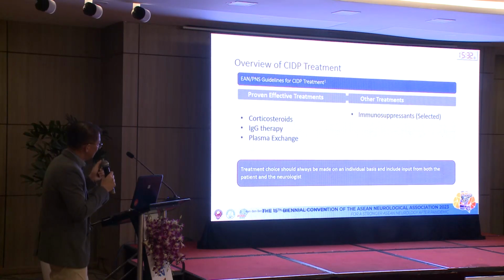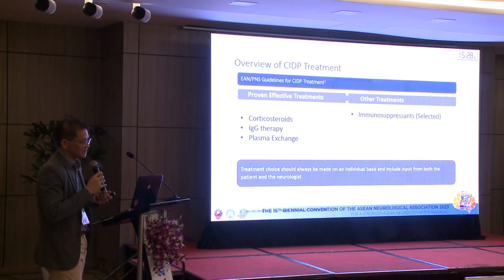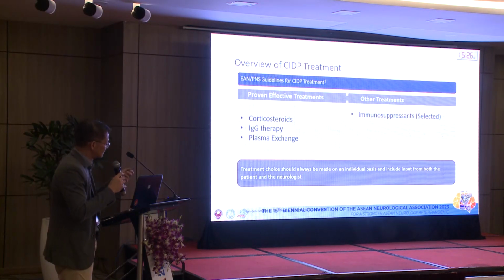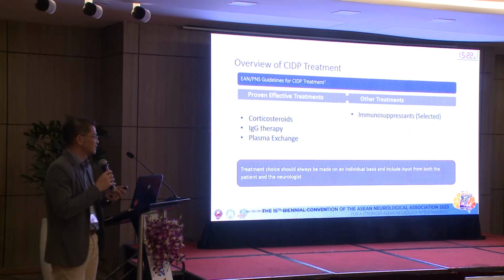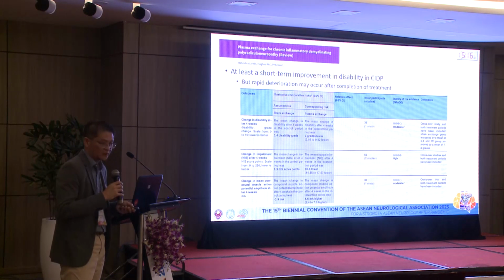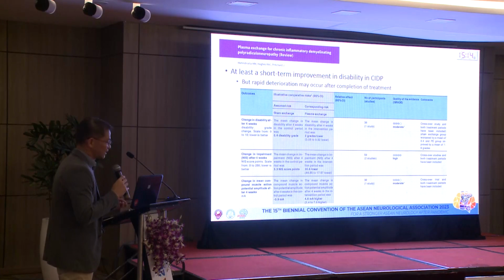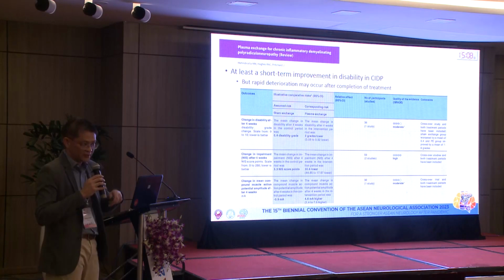This is what we call proven effective treatments. And of course, some patients with CIDP do respond to immunosuppressive drugs in certain groups of them. So what about plasma exchange for CIDP? From the Cochrane review, randomized controlled trials compared plasma exchange with sham therapies.